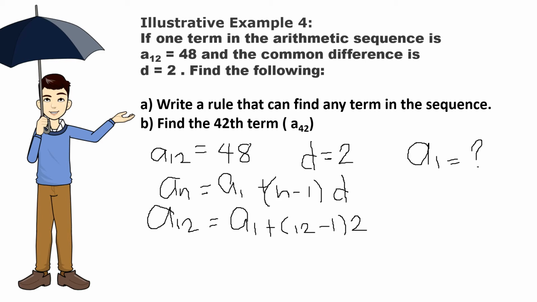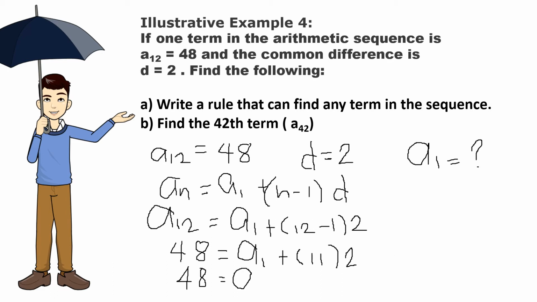Then A12 is 48 equals A sub 1 plus 11 times 2. So, kakaroon tayo ng 48 equals A sub 1 plus 22.